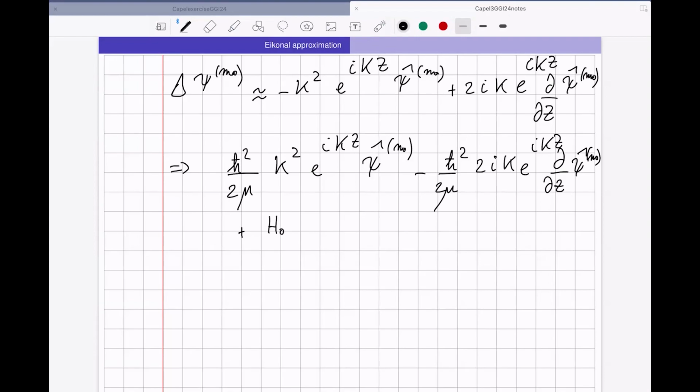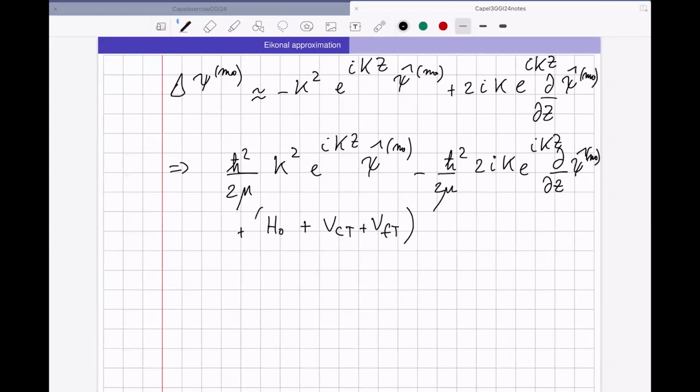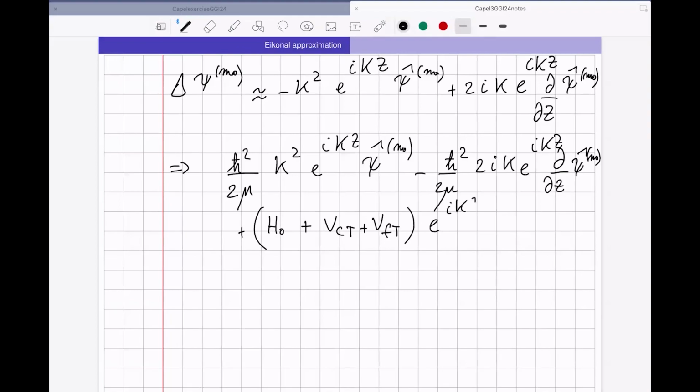And the other three terms do not have much of an influence. And this is equal to the total energy E times e to the power i k z psi hat. And here we can simplify, so you see that all the exponentials can be cancelled.